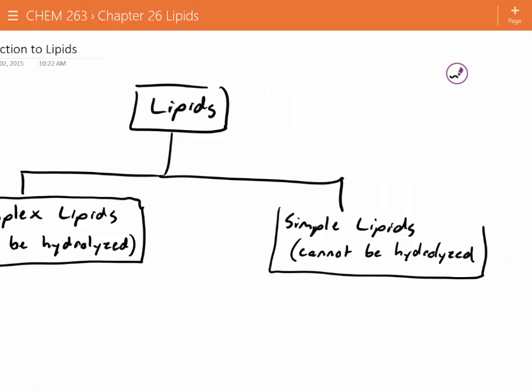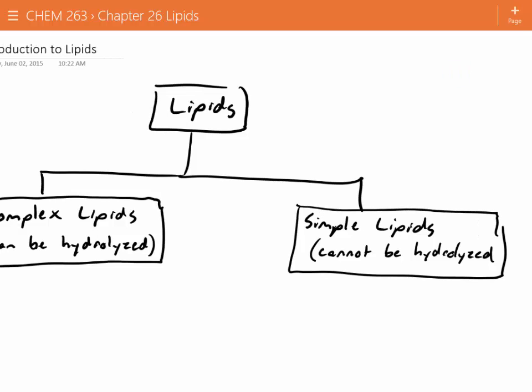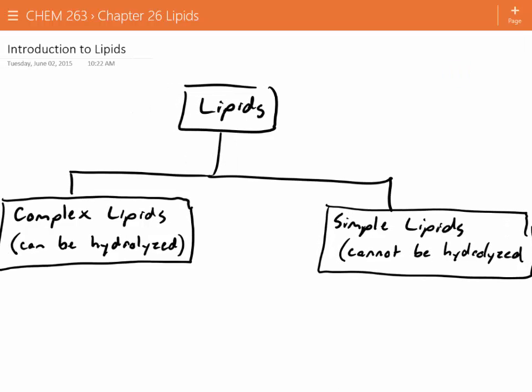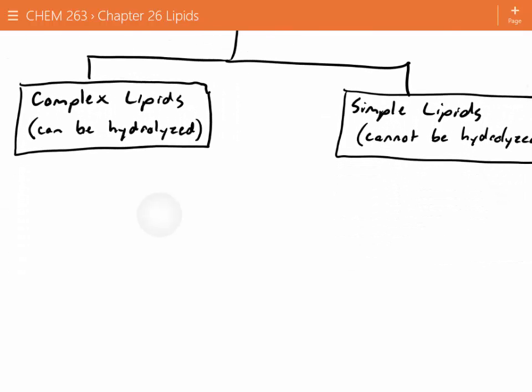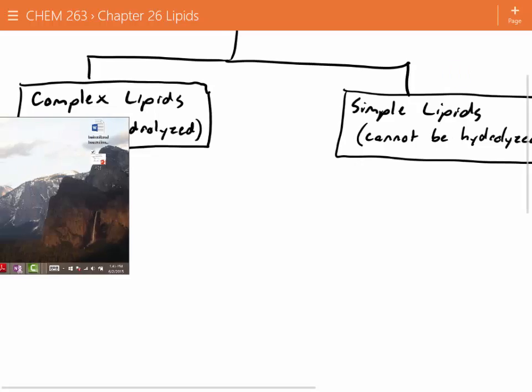All right, so let's break these apart. Most of the lipids we've seen so far fall into the complex lipids class, which means they will react with sodium hydroxide. The first class is made up of waxes.